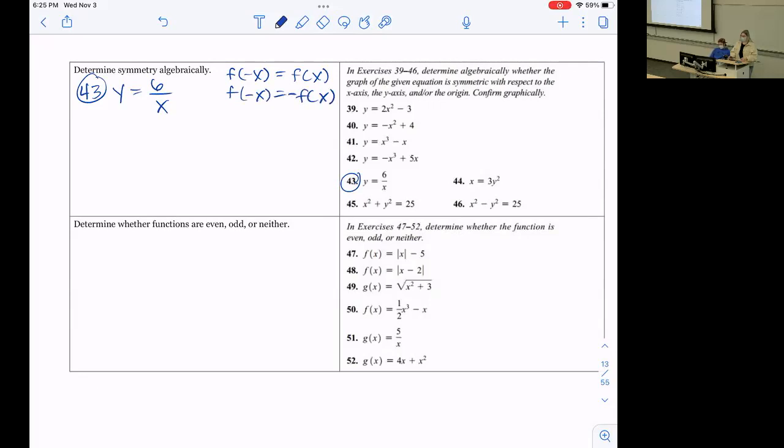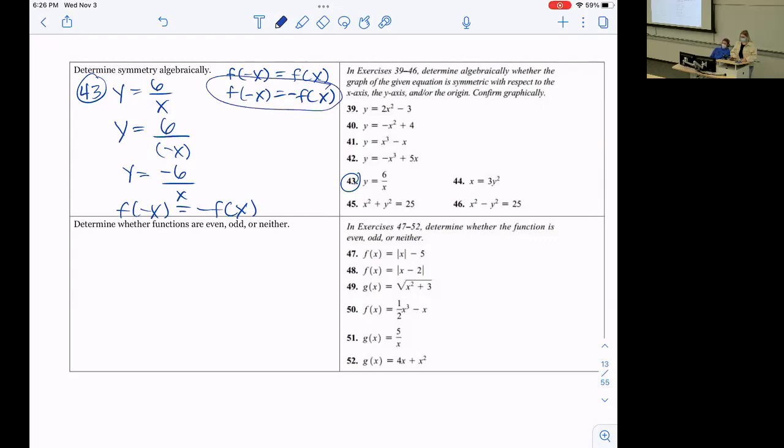So if we plug in negative x for x, we can see that y will equal negative 6 over x, which will be the same as negative f of x, which means that we do have symmetry across the origin, because it follows this.